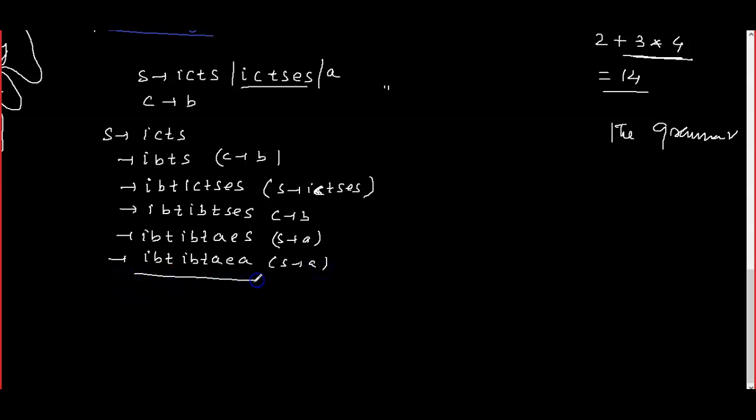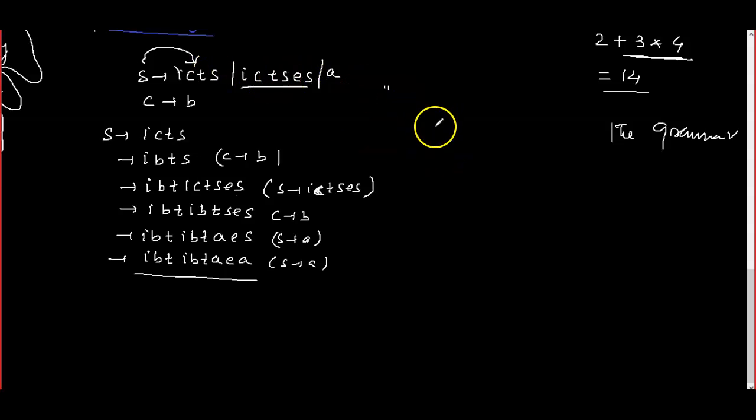So we got this string by working with the LMD with this one order. Now you check if I had chosen this one, iCtS, differently, and let's try to derive this one. If we are able to derive it, then it is ambiguous, otherwise unambiguous grammar.